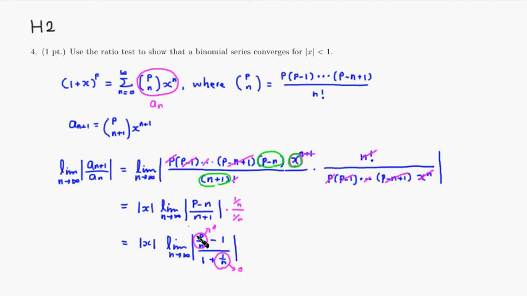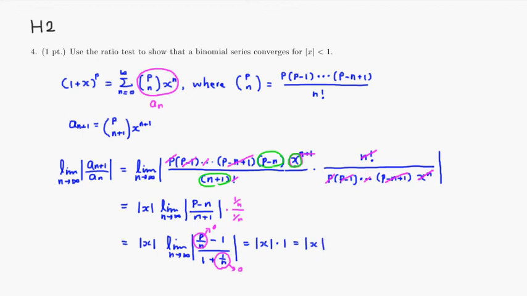So what's left is negative 1 over 1, but with the absolute value sign this is 1. So it's absolute value of x times 1, which is just the absolute value of x.